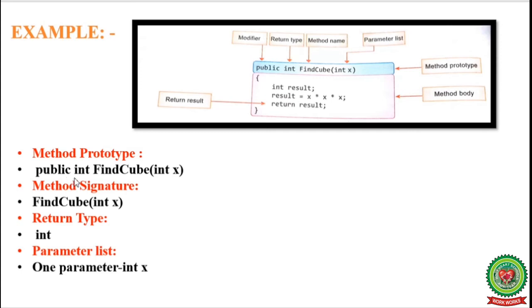So the method prototype is public int findCube(int x), the complete first line. The method signature is findCube, the name of the method, with int x as the parameter list. The return type is int, and in the parameter list we have one parameter, int x. So this is the second way by which you can define a method.